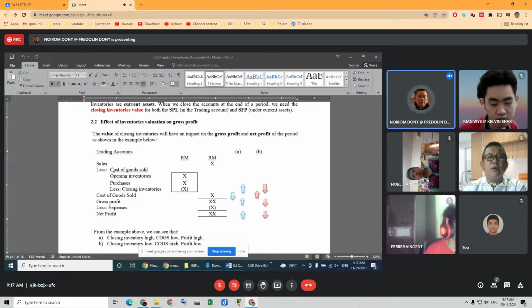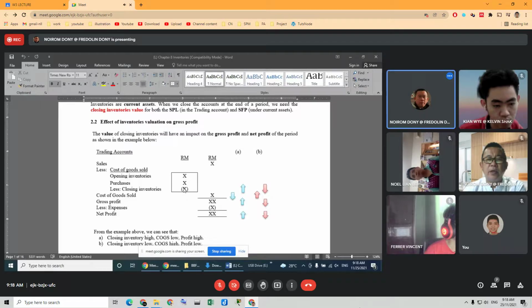Sales will be on the second column. Cost of goods sold will be on the first column. So we have to do the main formula for cost of goods sold: opening inventory plus purchases less closing inventory.